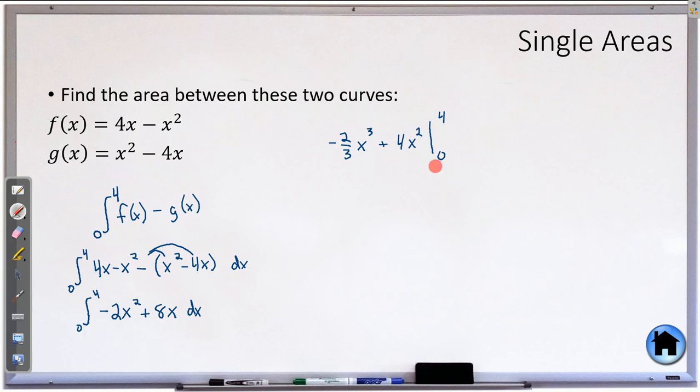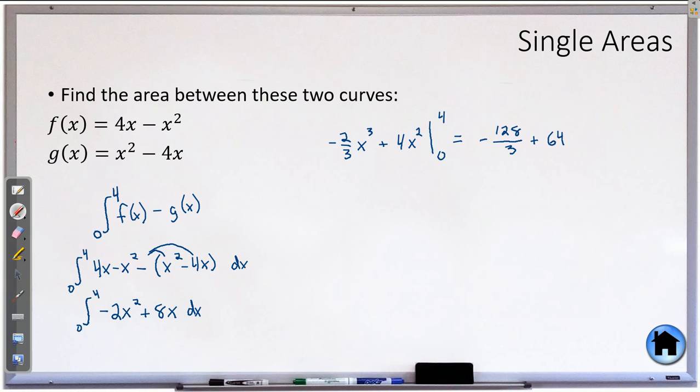Nice thing about this, when we plug in 0, it's all going to go away, so we basically just have to plug in 4. So 4 cubed is 64, times 2 is negative 128 over 3, plus 4 squared is 16, times 4 is 64.